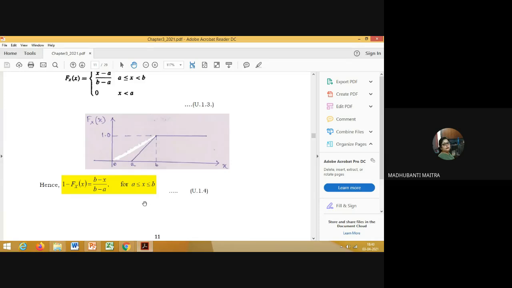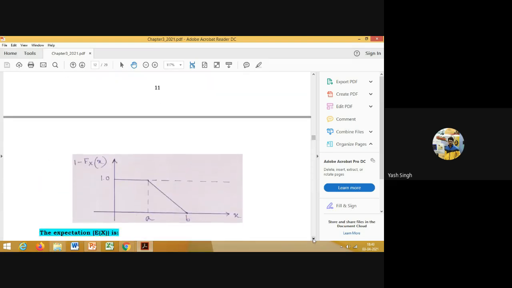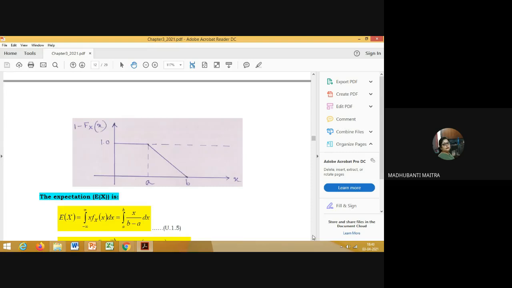Got this expression? Yes, ma'am. So 1 minus Fx can be drawn very easily, and this is the plot of 1 minus Fx.